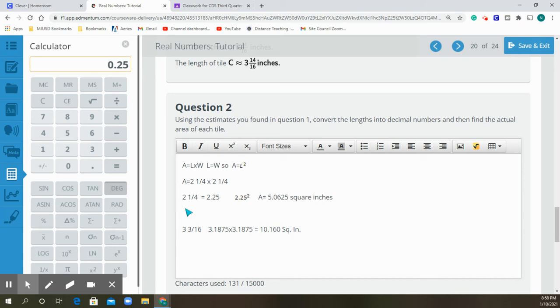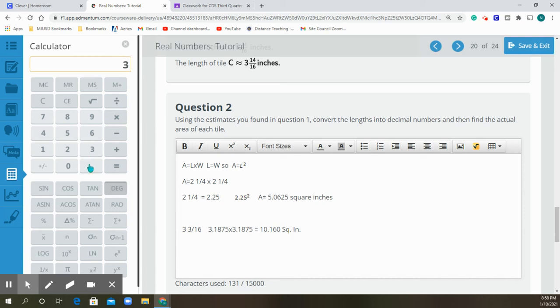The next one is 3 3/16. So that would be 3/16, 3 divided by 16 equals 0.1875.